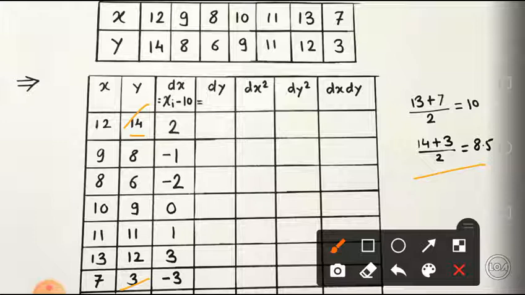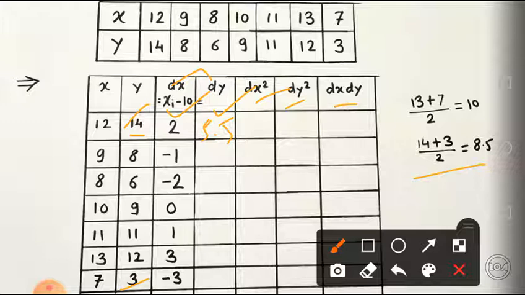So 14 minus 8.5 will be 5.5 and so on. Accordingly we'll square the values of the dx column and the dy column, and we will get the dx square and dy square columns. After that we will multiply the dx and dy column values and we'll get the dx dy item.